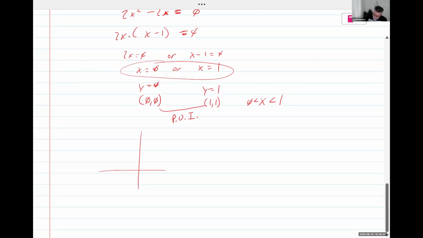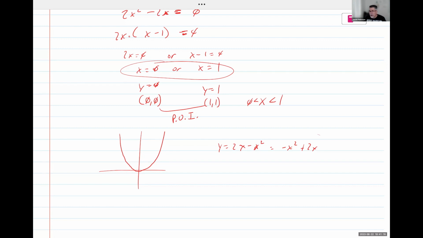We know what y equals x squared looks like. That's this guy here. We don't necessarily know what y equals 2x minus x squared looks like. However, if I rewrote it as negative x squared plus 2x, I know a couple of things about my equation here.